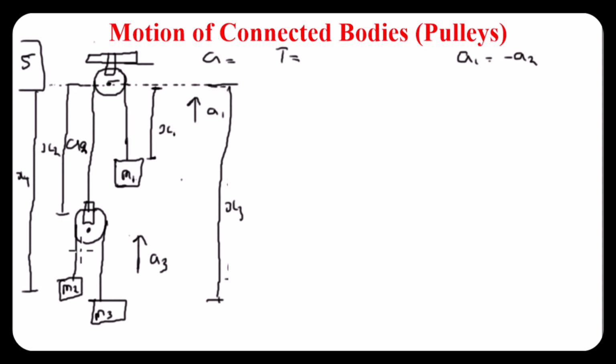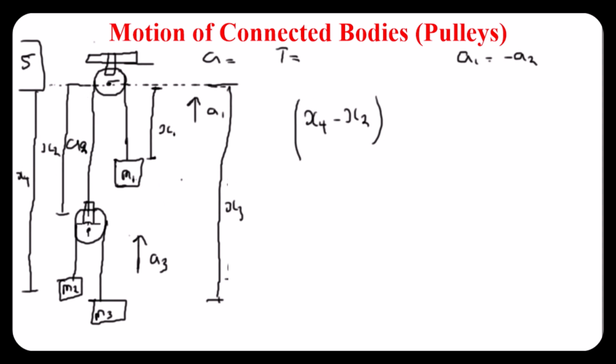Now, if I were to find the length of the string in this pulley, holding M2 to the second pulley, then I can say x4, or the length of this string from this point to this point. Since the length here is x2, the remaining length in this expression will simply be x4 minus x2.